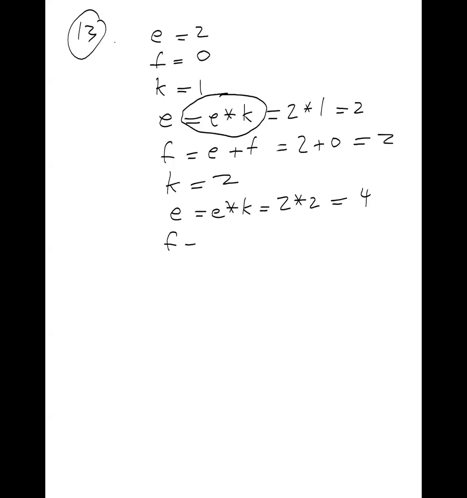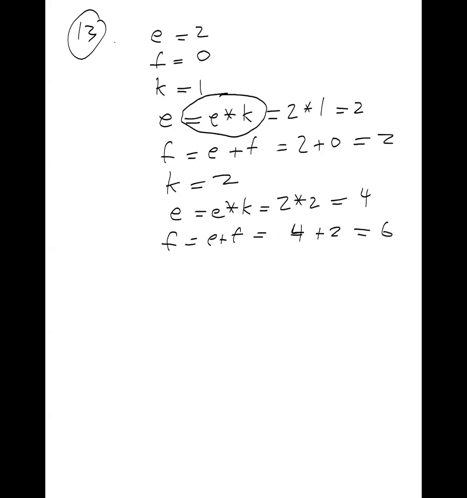And F is going to equal E plus F, which is currently 4 plus 2. By the way, it's okay with me if we go straight to 4 plus 2, but I'm going to show one extra step: F is equal to E plus F, which is equal to 4 plus 2, which is equal to 6, right?